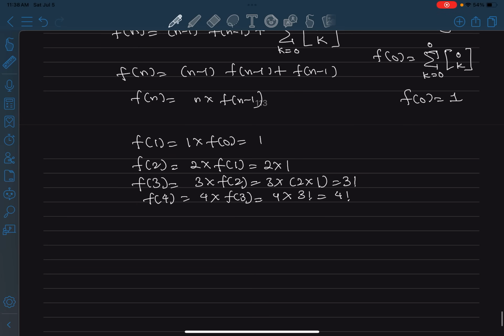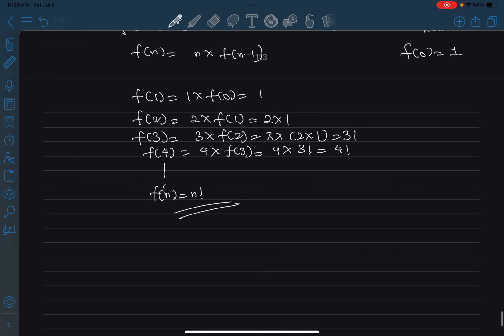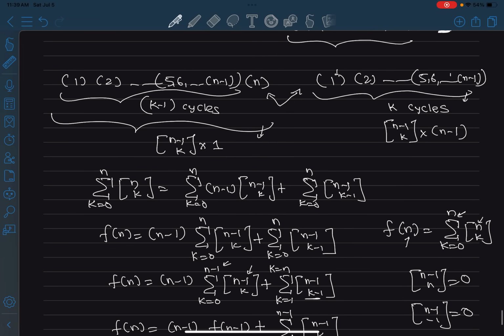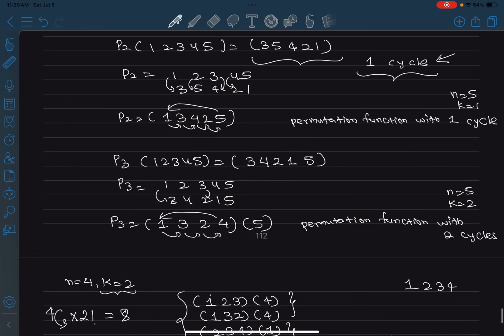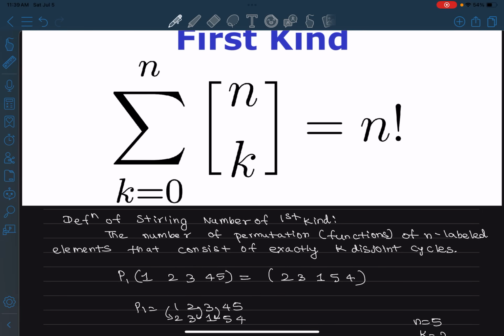And then you can now prove by induction that f of n will just be n factorial. That is it, guys, and that proves it. I leave the proof by induction to you because that's really easy. It wasn't really hard, but I was also trying to give a one-on-one intro class to Stirling numbers of the first kind, so that took time.